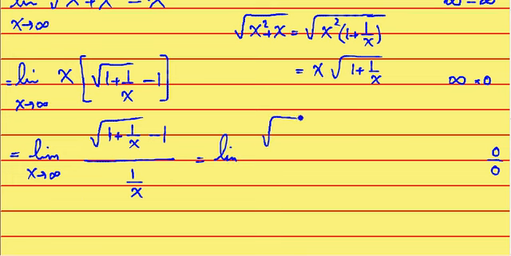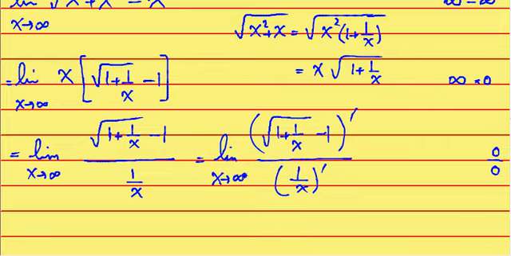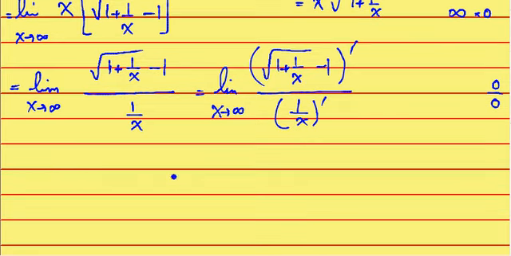So this is radical 1 plus 1 over x minus 1. I have to differentiate all of that, and I have to differentiate all of this. X is still going to infinity. Denominator is not all that bad. Let me make more room maybe.